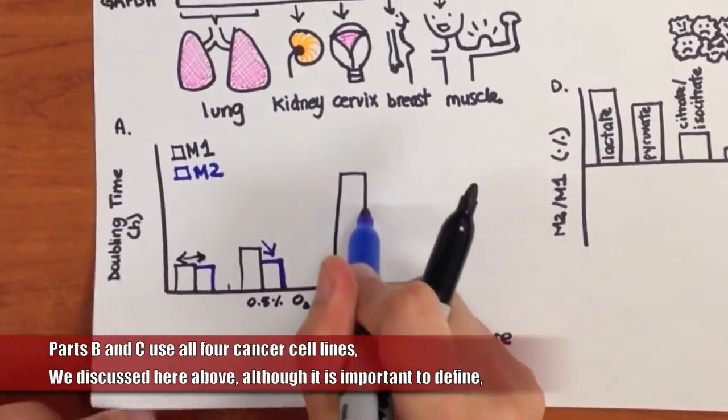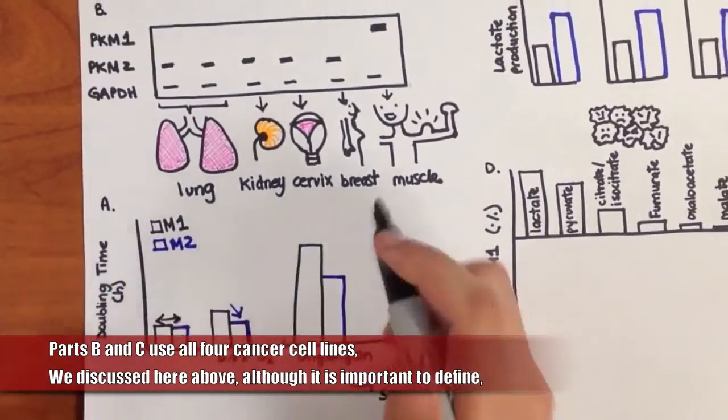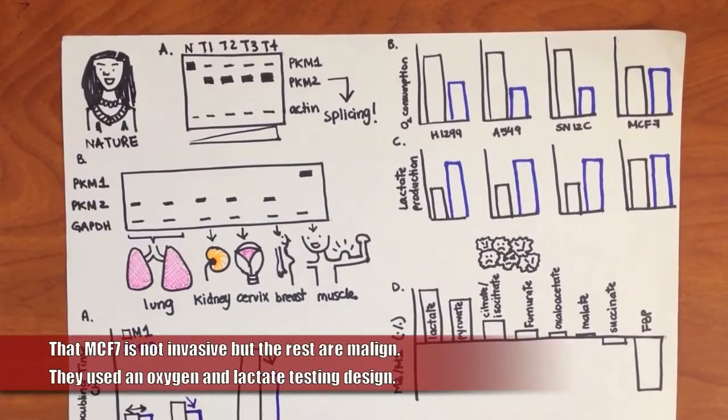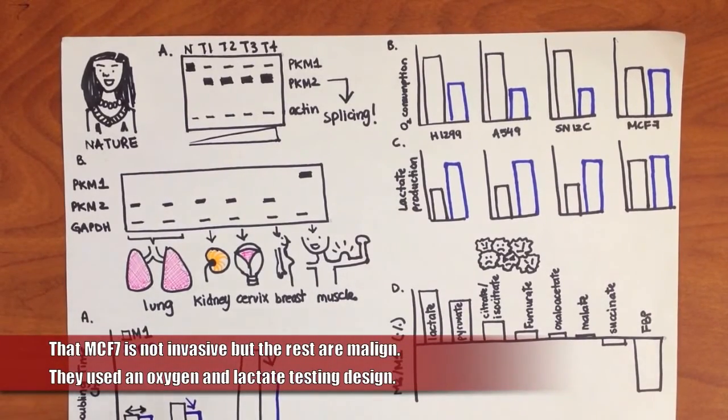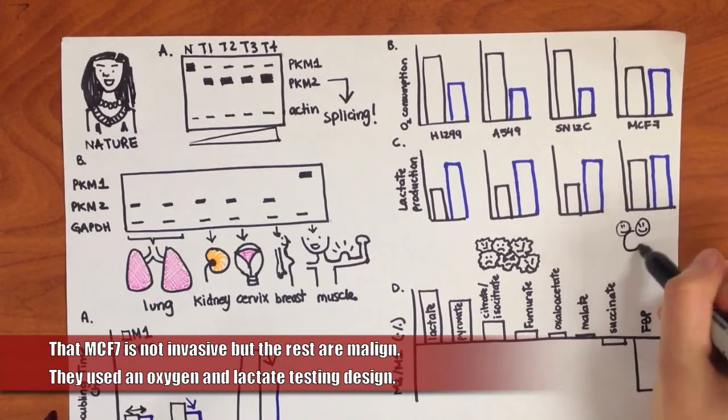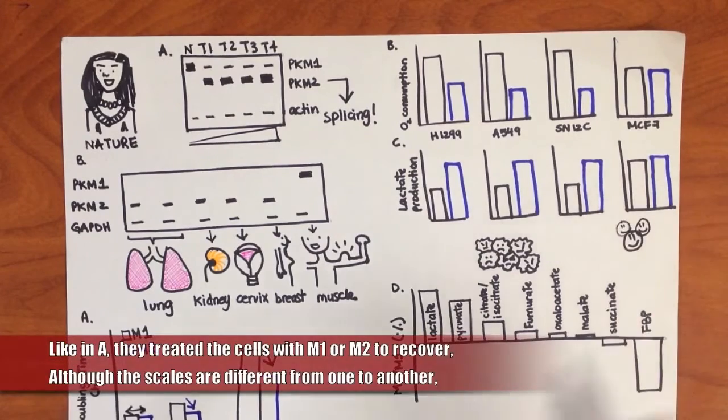Parts B and C use all 4 cancer cell lines we've discussed here above, although it's important to define that MCF7 is not invasive, but the rest are malignant. They used an oxygen and lactate testing design. Like in A, they treated the cells with M1 or M2 to recover, although the scales are different from one to another.